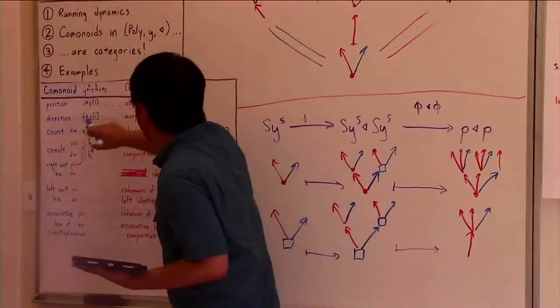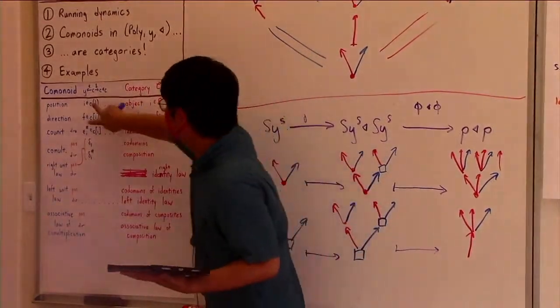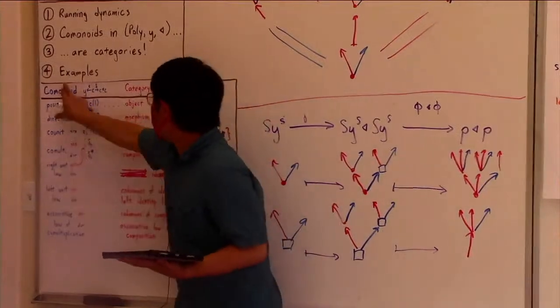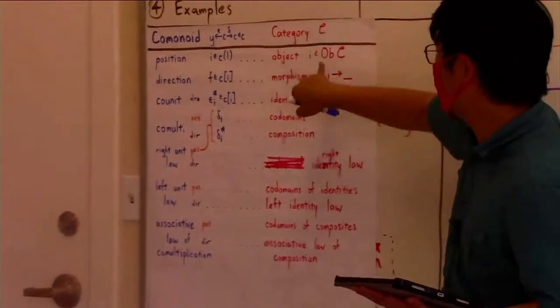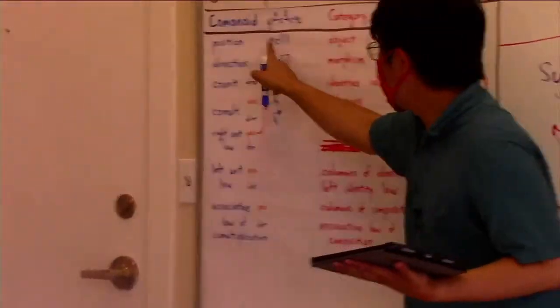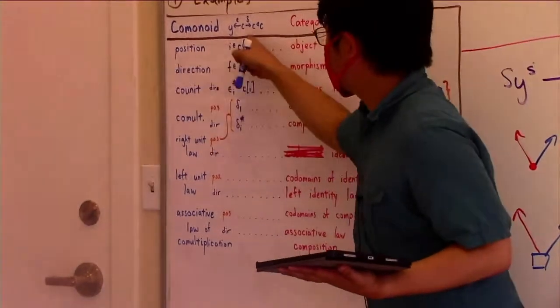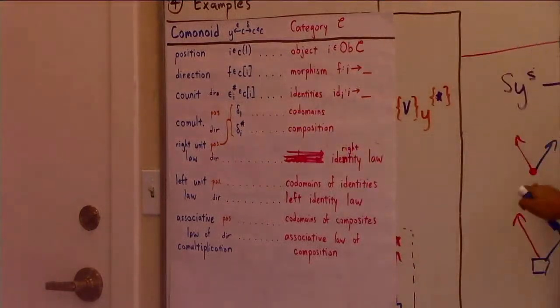And so this tells you at least all the data you need to get a comonoid from your category, right? If we have a category, the corresponding comonoid, the carrier of the corresponding comonoid, the positions of that carrier are just the objects of the category. They're just all these little dots that we've been drawing.